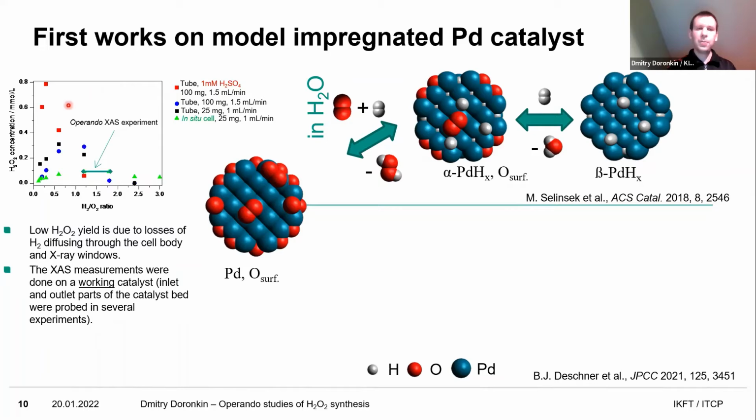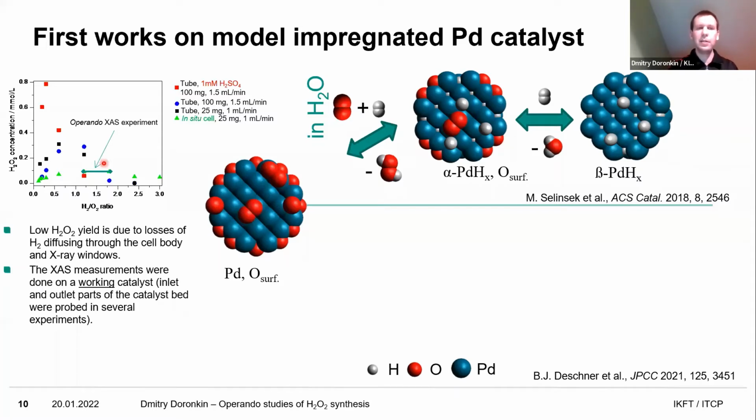And to confirm, we had an Operando experiment. We measured the concentration of the hydrogen peroxide, which we obtained from that experiment, and compared it against the data measured in the lab. So light green here are the data from the lab measured with the In situ cell as a reactor. And then we have black and blue data that's with a stainless steel tube as a reactor.